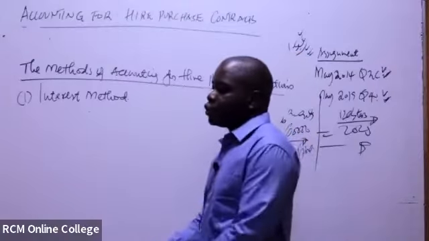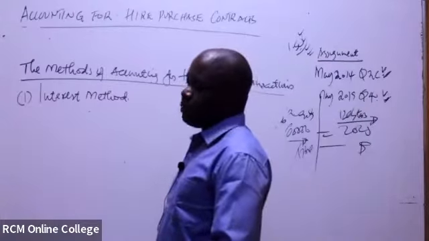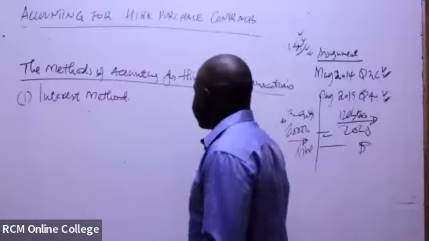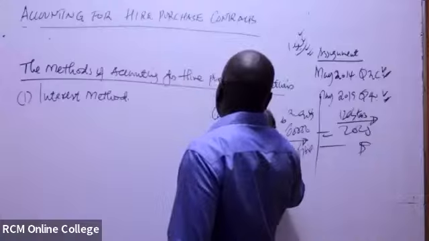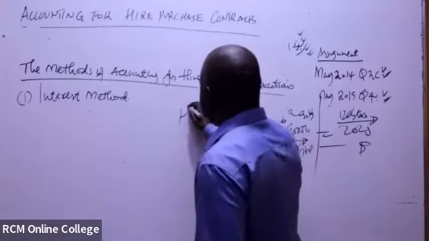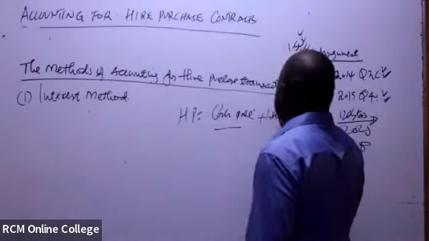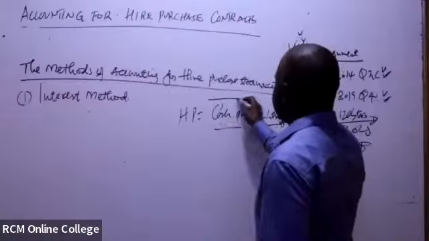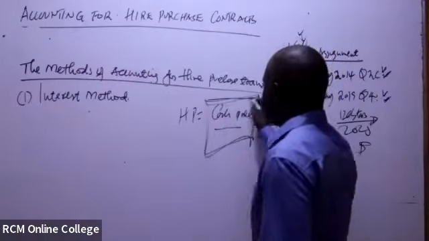So what will be happening here, the owner of the goods who is involved in hire purchase transactions, when he's recognizing the sales, he will recognize them, of course, at what? At cash price. Remember, I've told you that hire purchase price can be equal to cash price plus some interest on it. So the owner of the goods, ideally, will recognize the sales at this price.